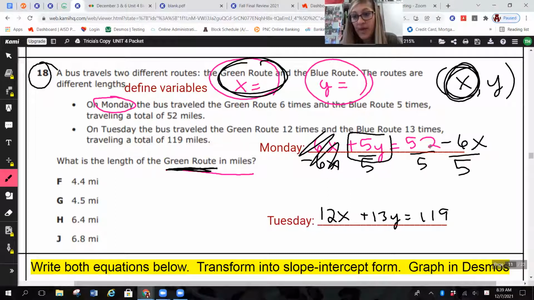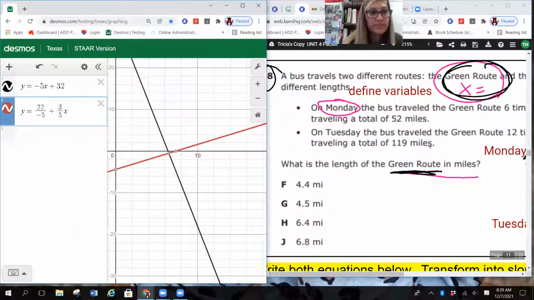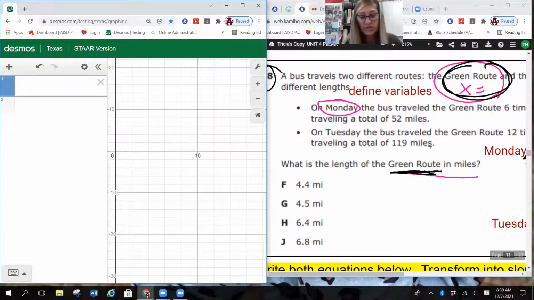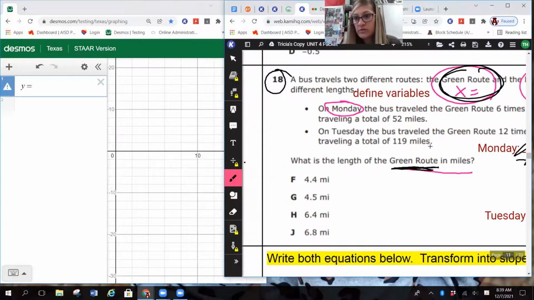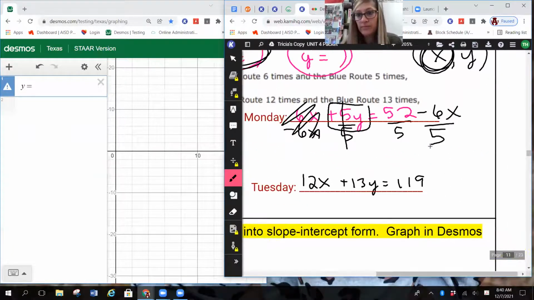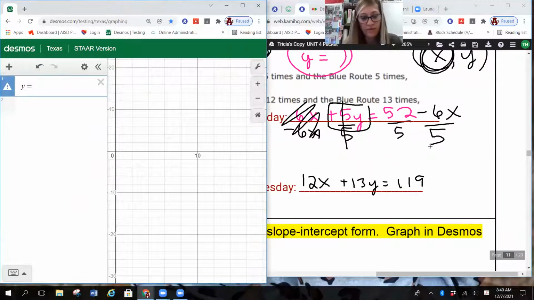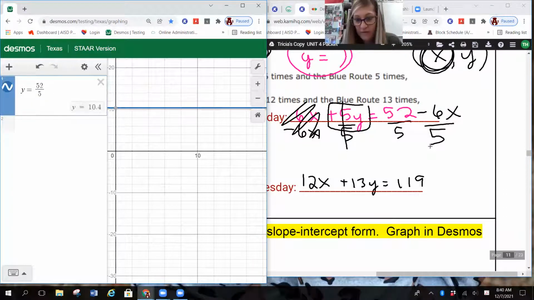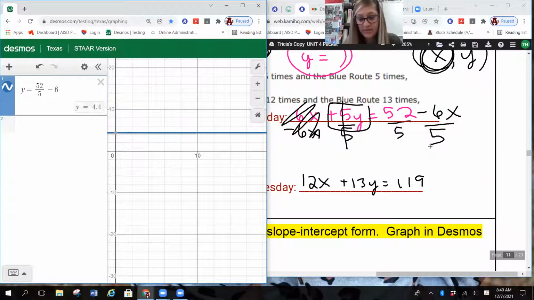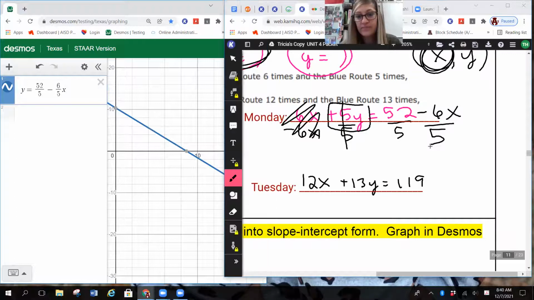Again, I'm not going to reduce anything because none of that looks friendly to reduce. So I'm going to type in y equals. Y'all do the same right now. Y equals 52 divided by 5 minus 6 divided by 5 with an x, and there it is.